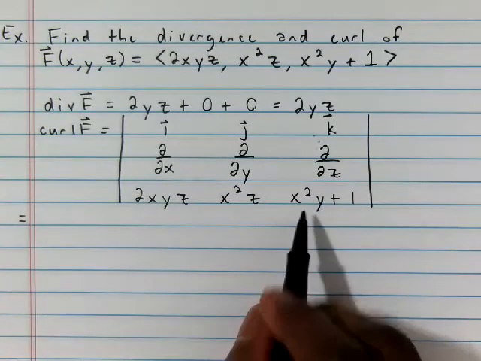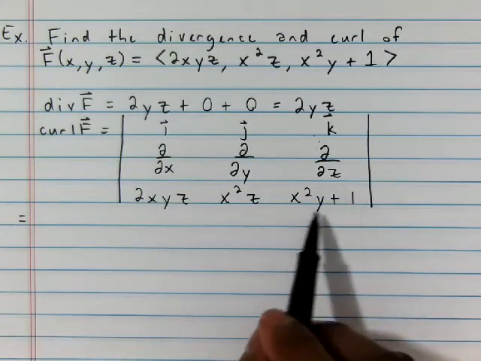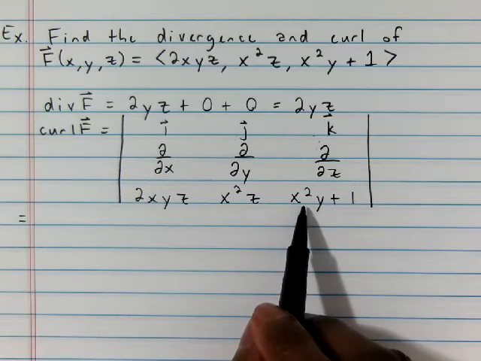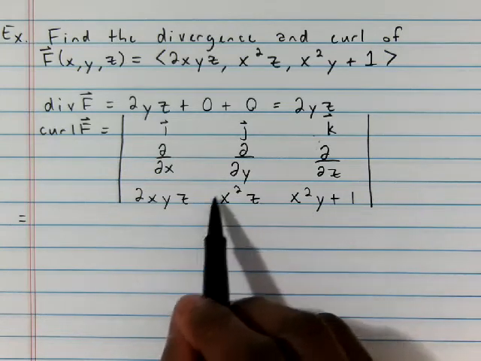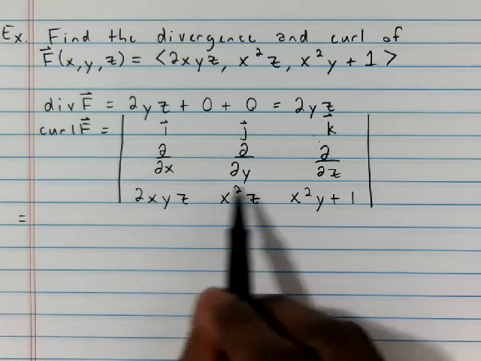so the partial of this with respect to y is x squared, and the partial of this with respect to z is x squared.